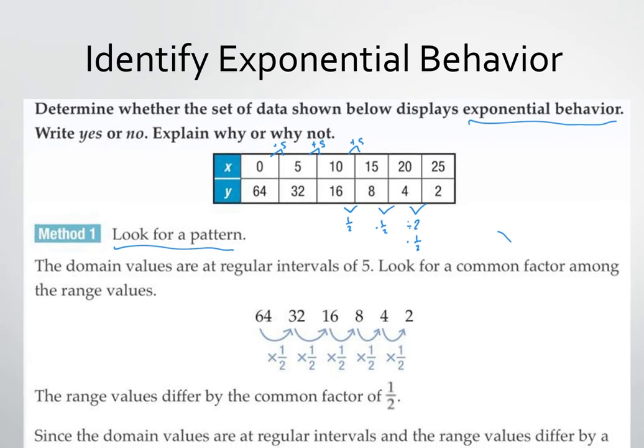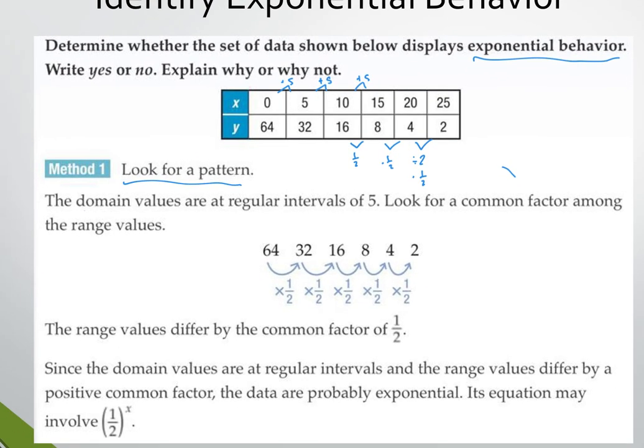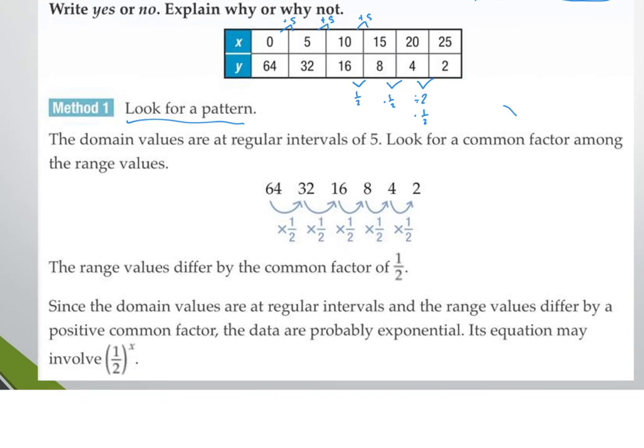And here it is even down here, spelled out a little differently, that the y values are decreasing by a rate of 1/2, or you're multiplying it by a rate of 1/2. Now here's where it differs from slope. The domain values are at regular intervals. That's a +5. However, the range values differ by a positive common factor.